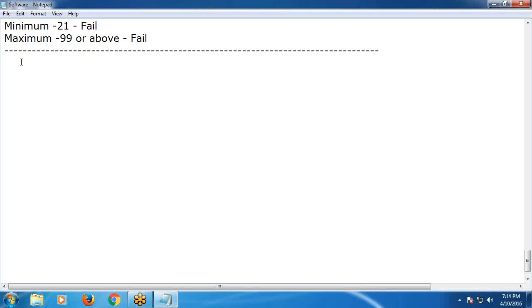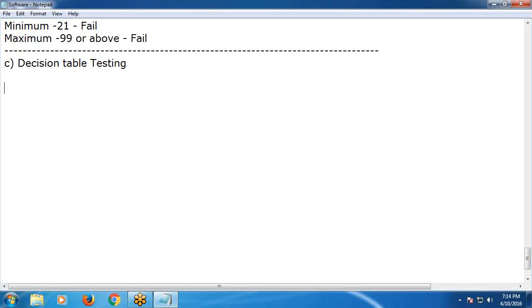Next, the third one, decision table testing. Sometimes equivalent classes or partitions and boundary value analysis are not sufficient.